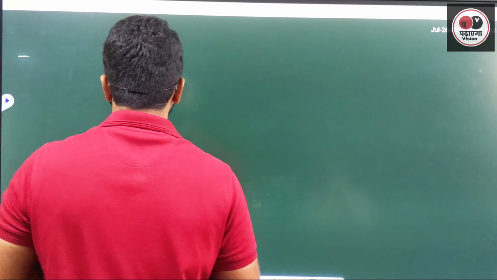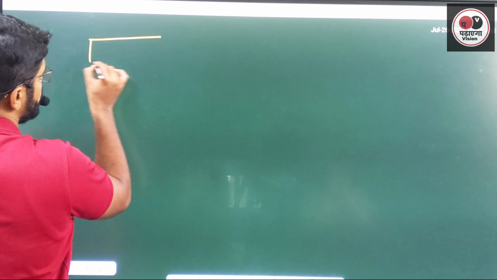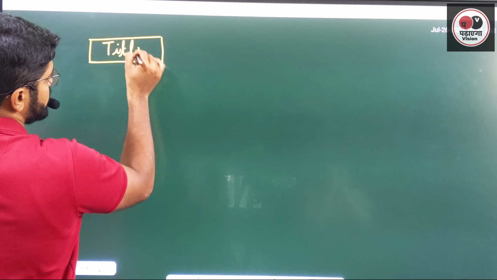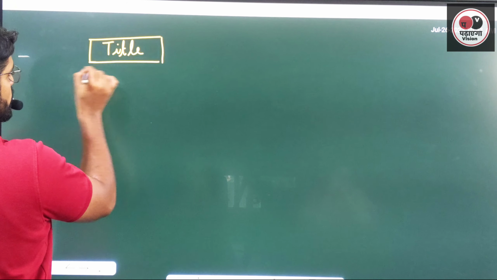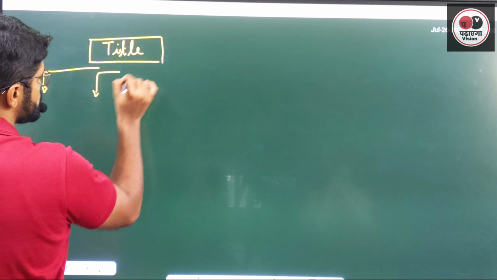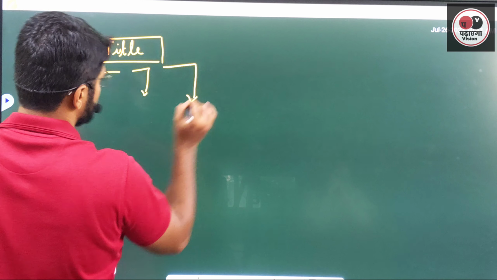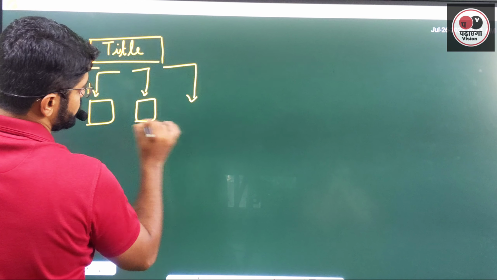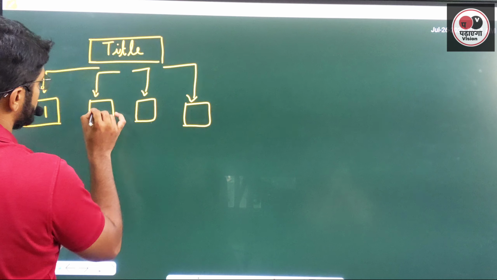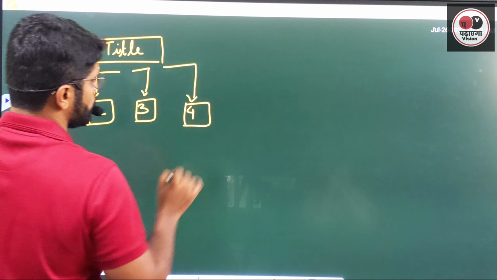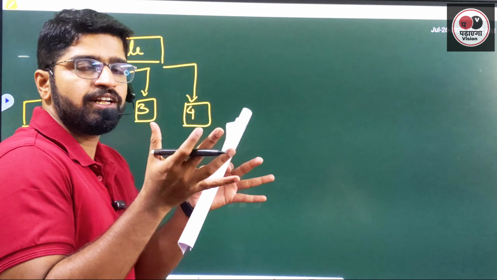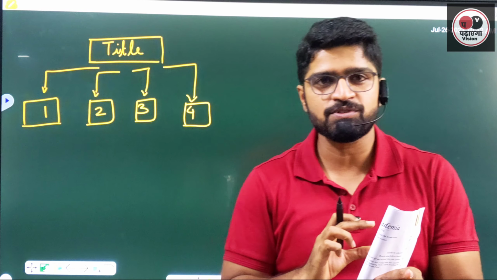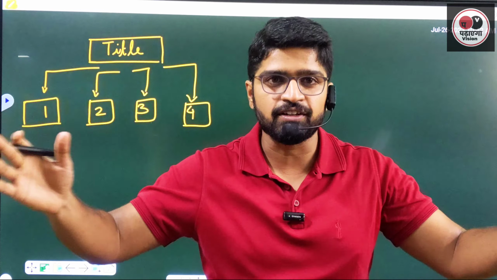Number 1, you can convert the paragraph into a classification base. What does classification mean? The title of the paragraph at the center, and then you make small charts like this: title, subtitle 1, subtitle 2, subtitle 3, and subtitle 4. The information given in the paragraph you convert into small classified diagrams, small classified figures.